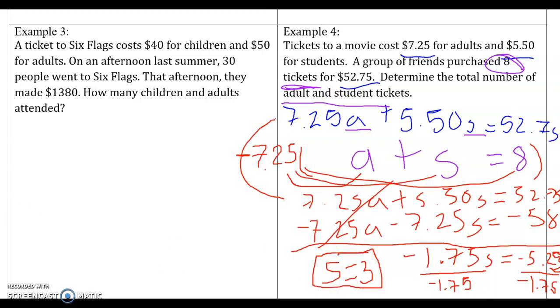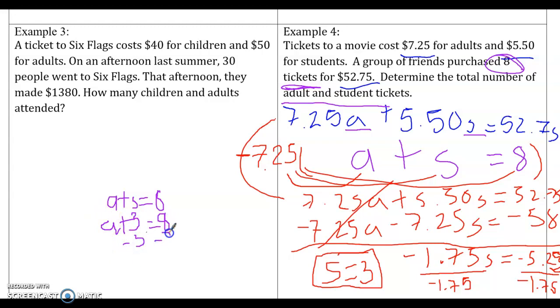Okay, so we have 3 students. Now I have to do the same thing and look for adults. Okay, I'm going to use this equation in purple. So I have A plus S equals 8. Well, I already know S is 3. So A plus 3 equals 8.